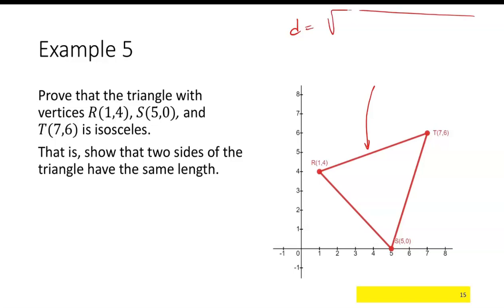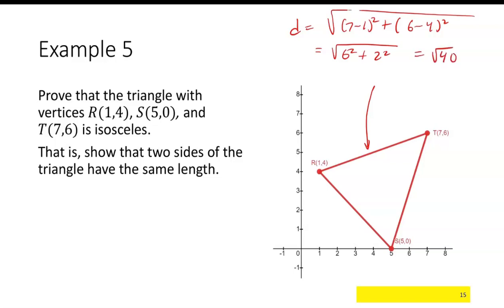T has an x value of 7, R has an x value of 1. So I'll go 7 minus 1 squared plus 6 minus 4 squared. That'd be the square root of 6 squared plus 2 squared, which is 36 plus 4. So that'd be the square root of 40.